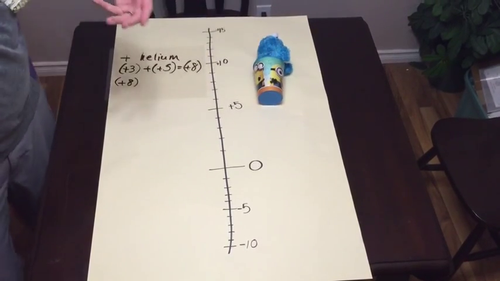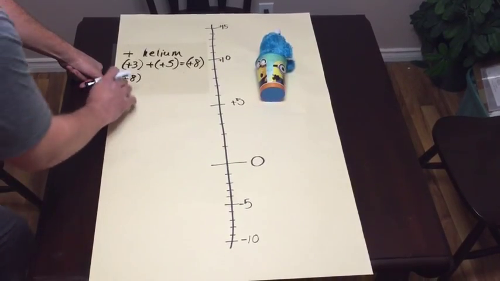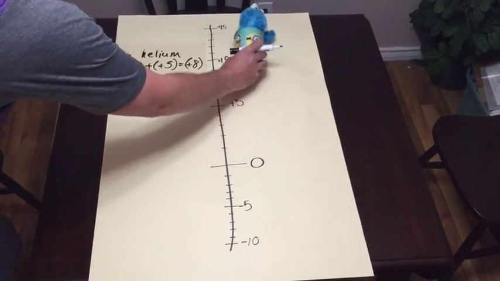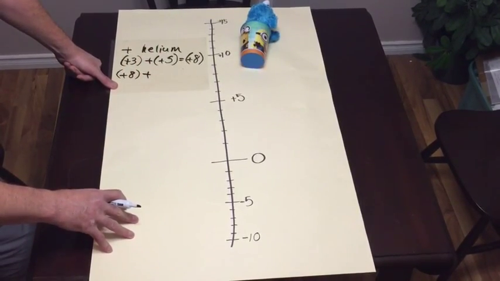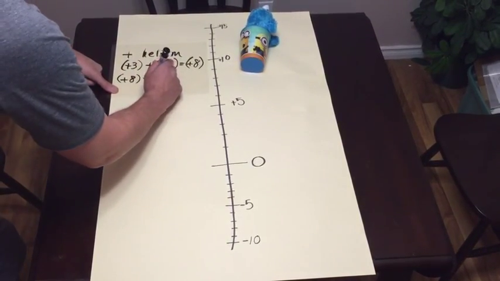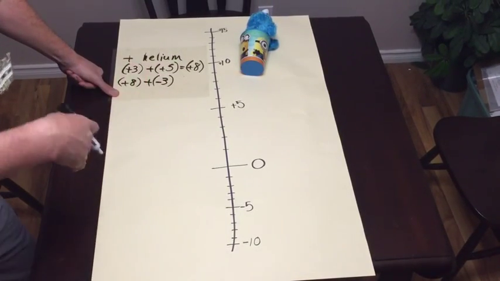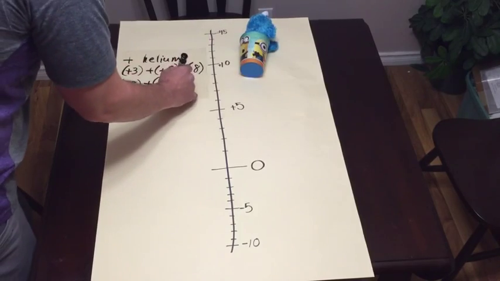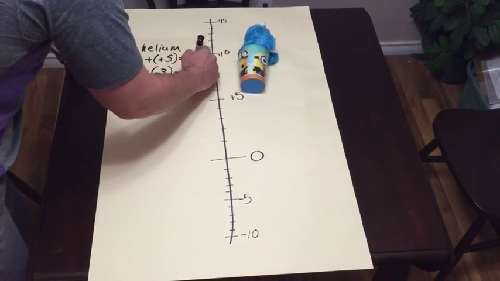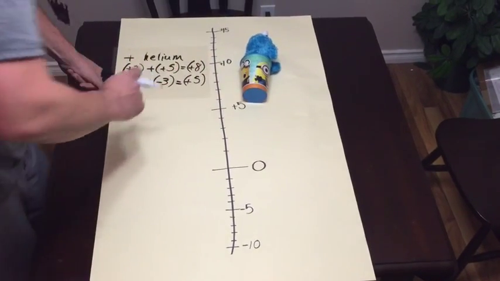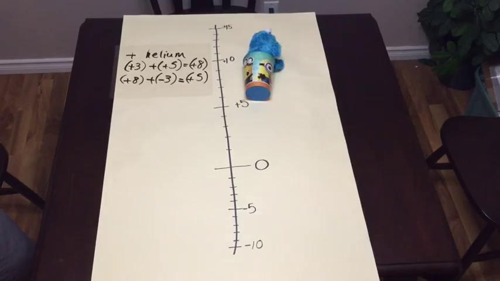So the way we would write that in algebra here is we were at positive 8, and we added 3 weights. In this case, the weights are represented by the negative sign. So positive 8 plus negative 3 is actually equal to positive 5. Okay, so that's how we're going to look at that.